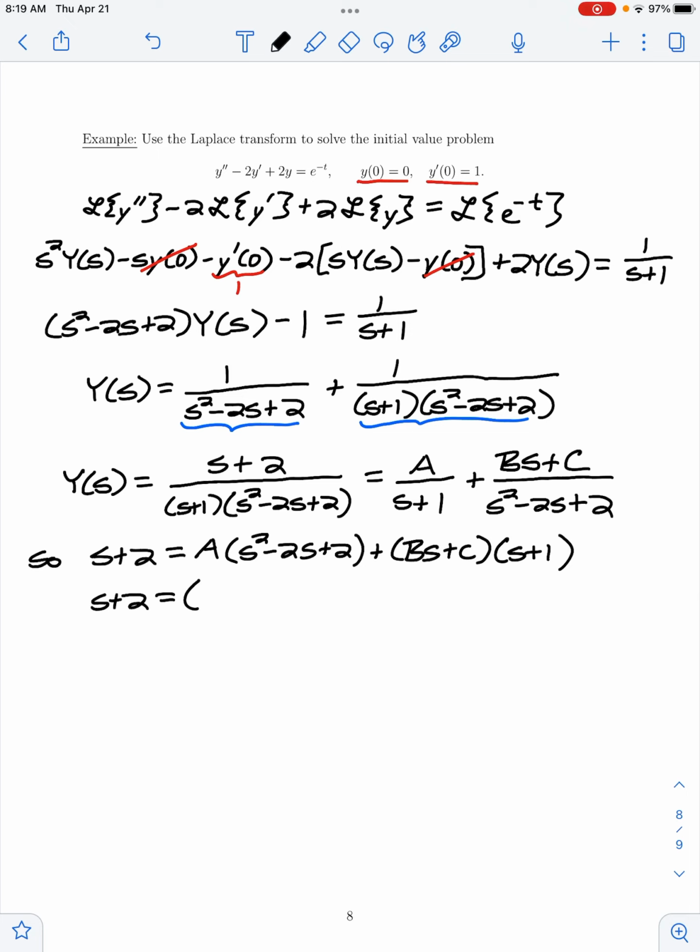So I would have a coefficient of s squared given by a plus b, s squared. Then for my coefficient of s to the first, I would have a negative 2a plus b plus c, all times s. And then my constant coefficient would be 2a plus c.